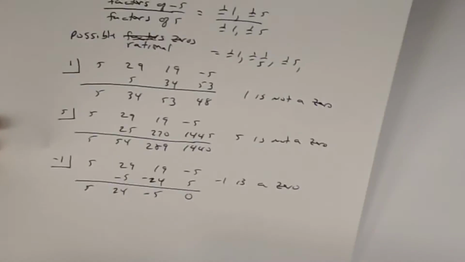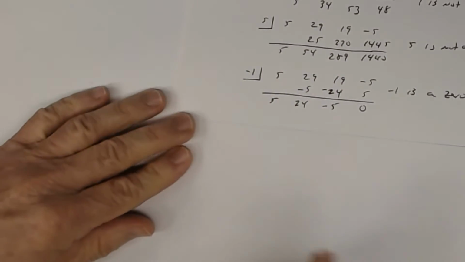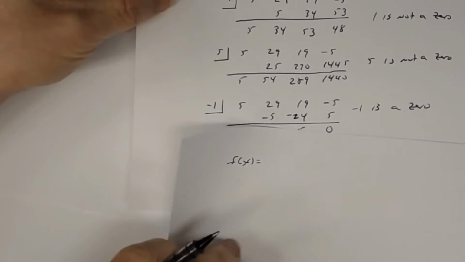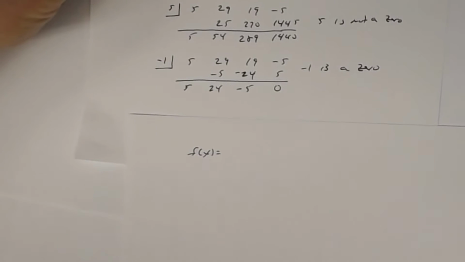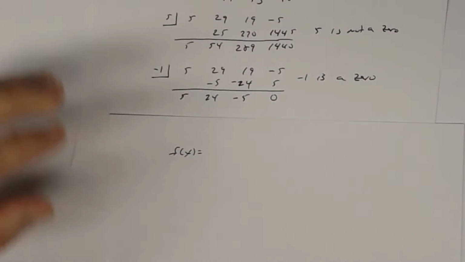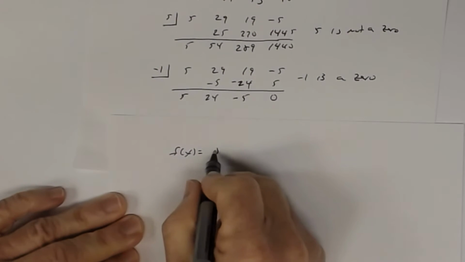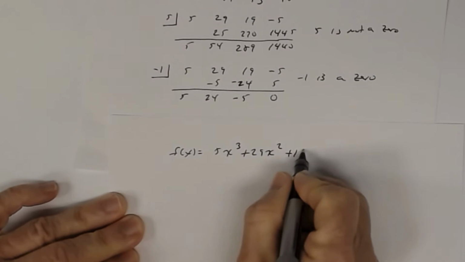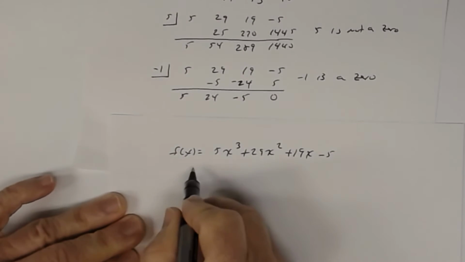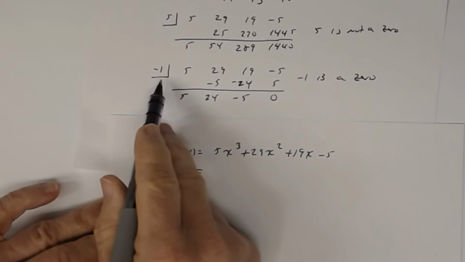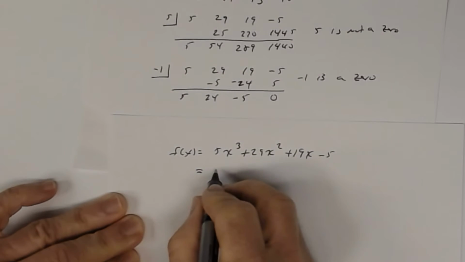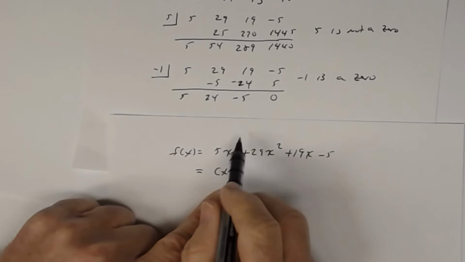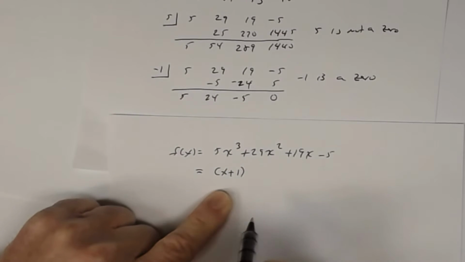So we have f of x, which was 5x cubed plus 29x squared plus 19x minus 5. Now remember, if -1 is a 0, then one of your factors is x plus 1, right? Because if I set that equal to 0, I get -1. So it's x plus 1.